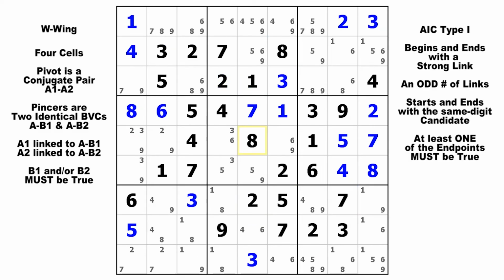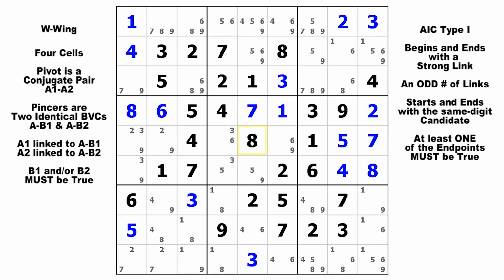So instead of starting out by looking for two bi-value cells, the alternative method would be to start by looking for conjugate pairs first, and then look for two identical bi-value cells, each containing candidate A, to make the W wing. I think that your time might be better spent doing it this way. But you should do it whichever way makes the most sense for you, or whichever way is easiest for you.